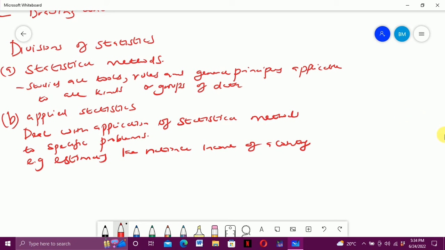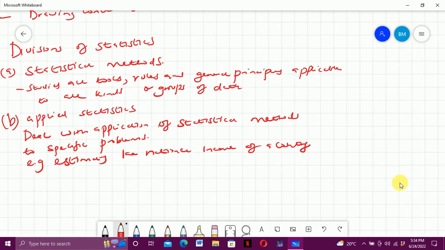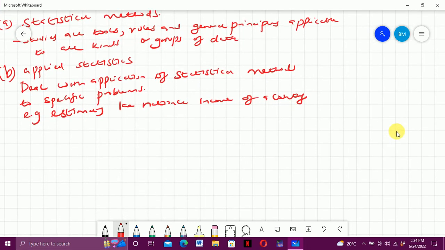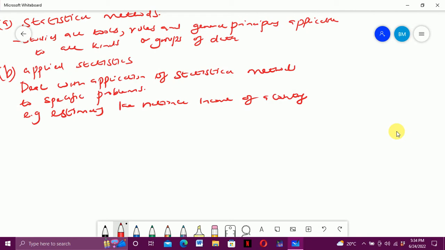Now, applied statistics is also divided. It can further be divided into two main groups.